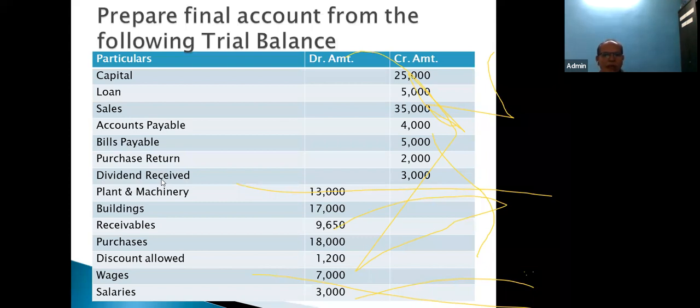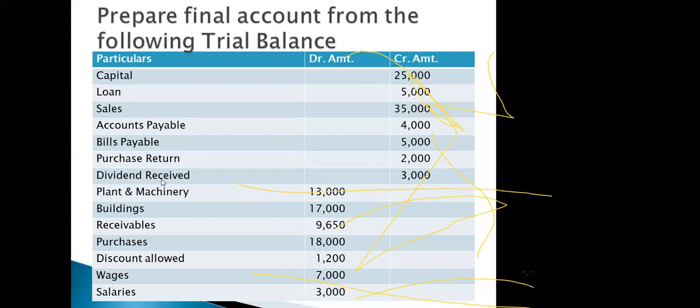Go to your profit and loss account on the credit side, right there, write by dividend received rupees 3,000. Did you mention? Yes, sir.